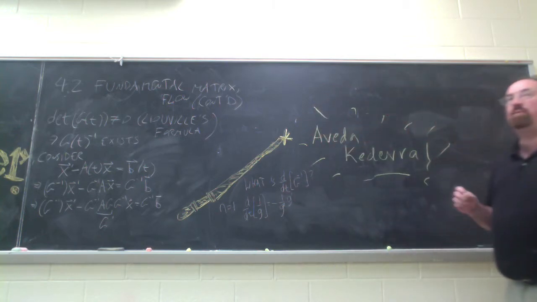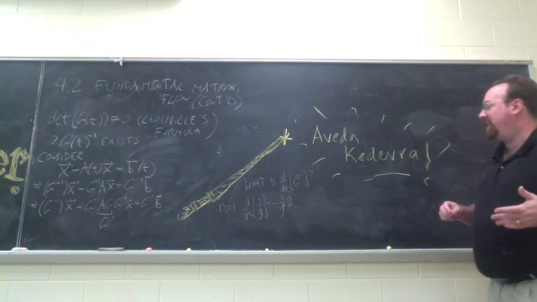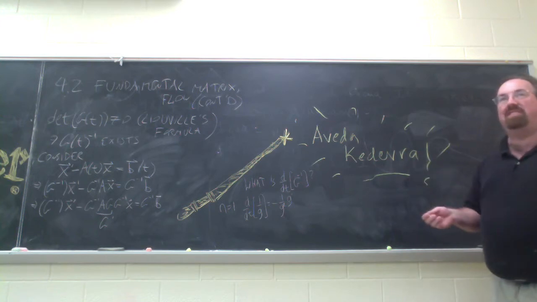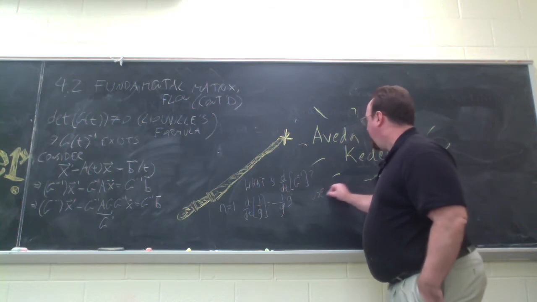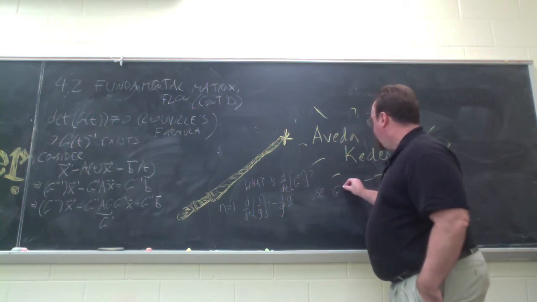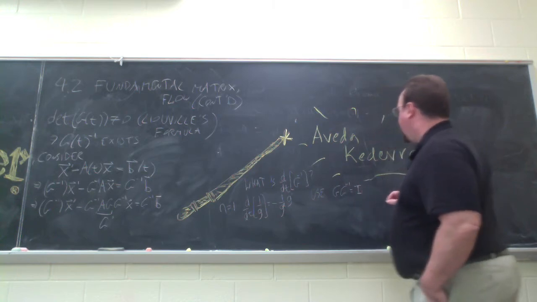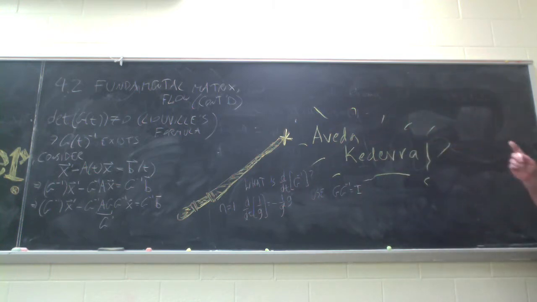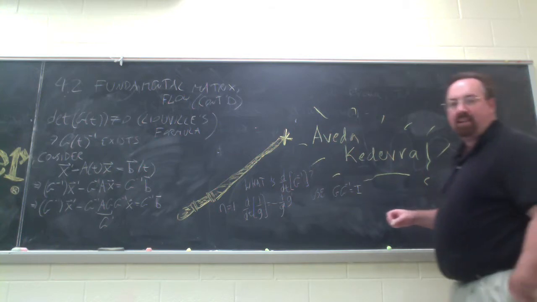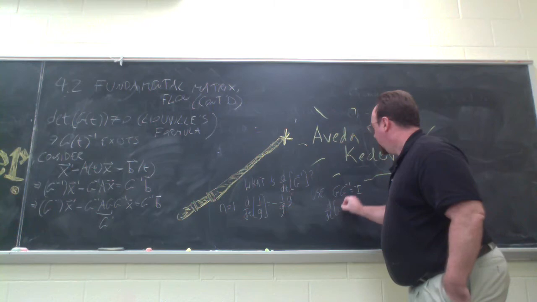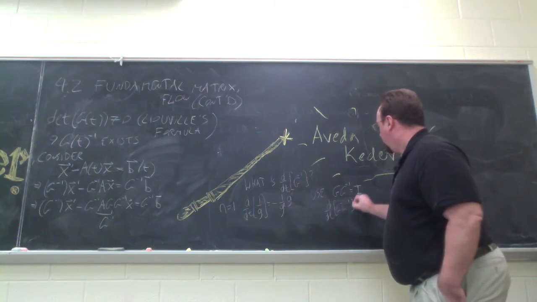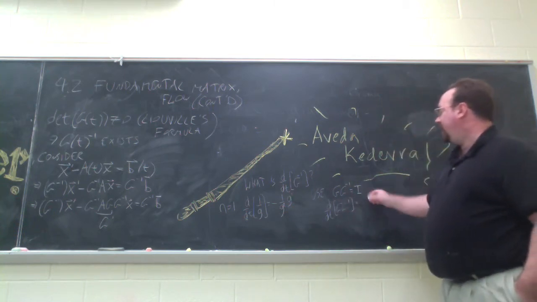So that's for the n equals 1 case, and the formula we get in the matrix case should be consistent with that. To get the inverse, we're going to use the fact that g times g inverse is identity. Now we're going to differentiate both sides of that. Of course, the derivative of identity is 0.